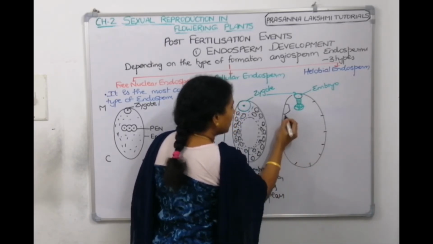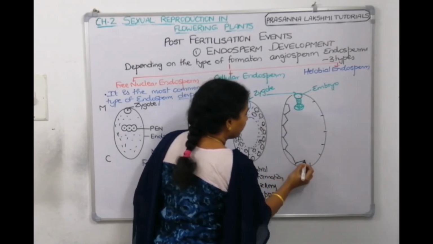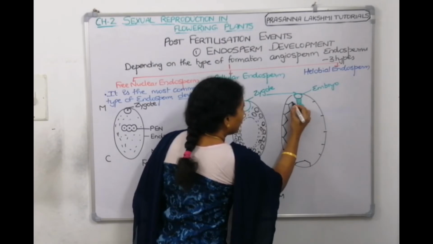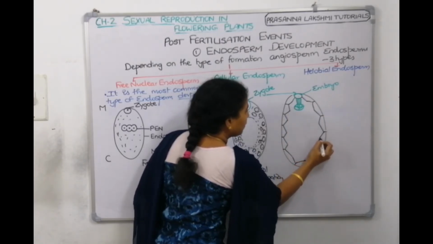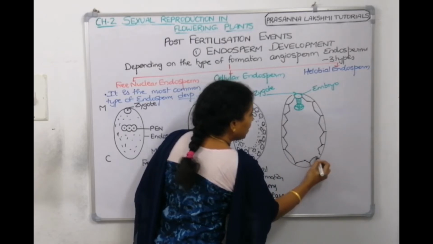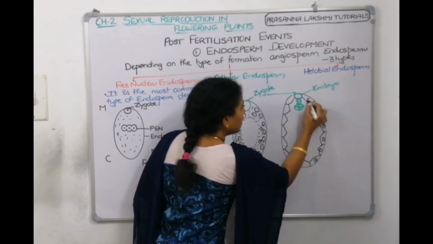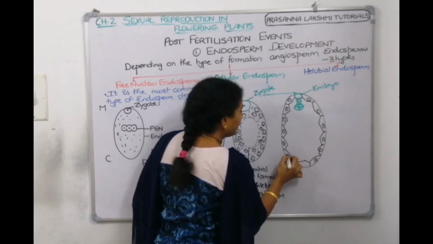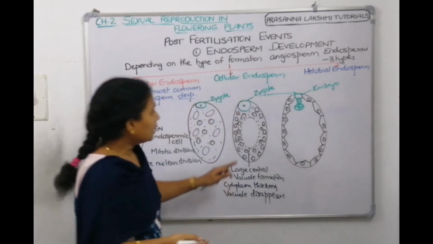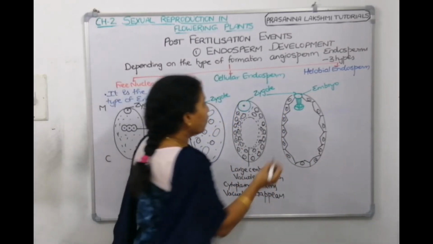So see, I am making this one cell. Now each cell keeps one nucleus. So the peripheral nuclei are surrounded by walls now, meaning the free nuclear division has now become cellular division. Cytokinesis happened. Now can you see the outer nuclei are surrounded by walls.